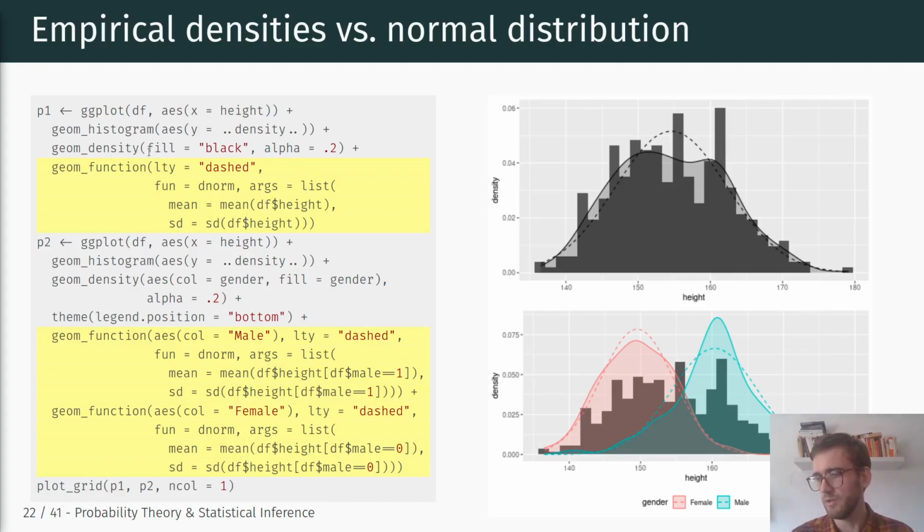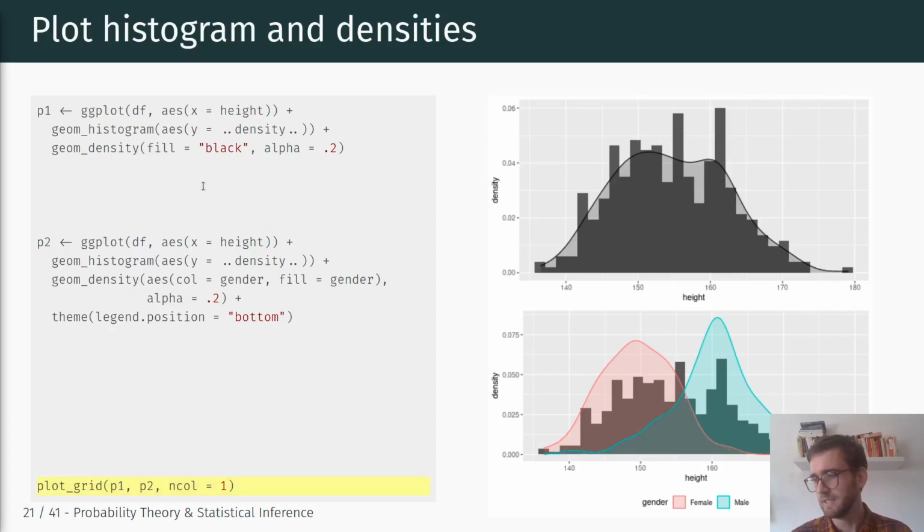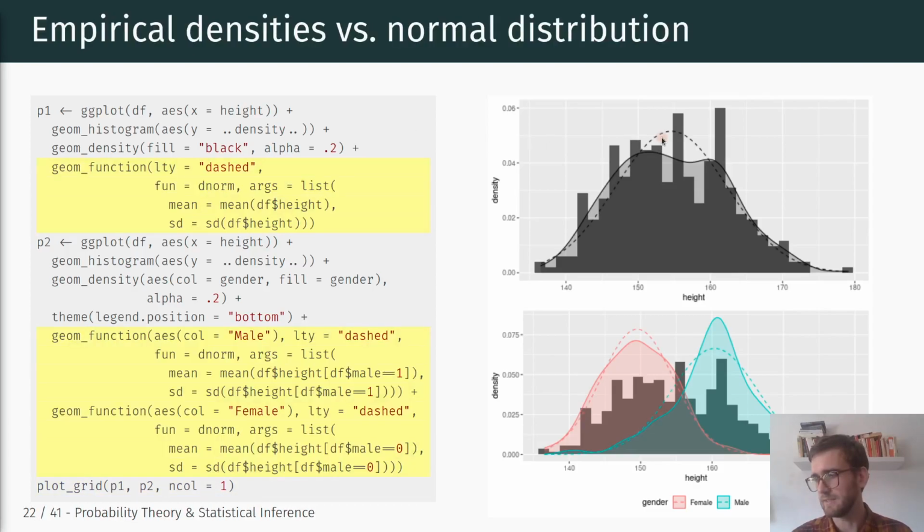So basically this section up here that we just added adds this theoretical normal distribution with our given mean and our given standard deviation for height.